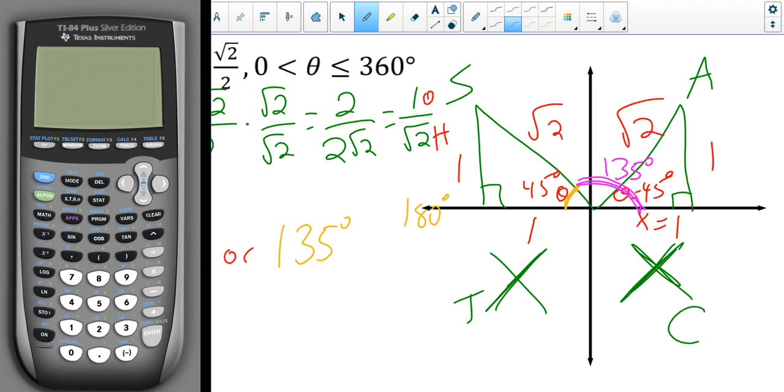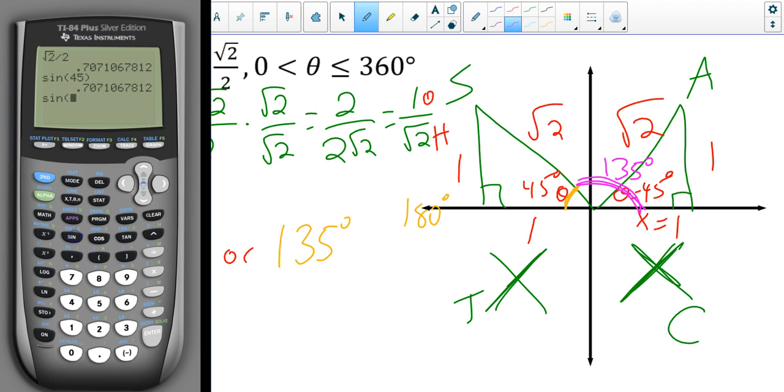I could also use a calculator, even though this isn't allowed on your test, but just here in the introductory part of it, if we look at what the actual value of the square root of 2 over 2 is, we see that we get a value of 0.707. If we typed into our calculator the sine of 45 degrees, verifying that we're set on degrees, so I went to mode to set it to degrees, we see that we get that exact same value.